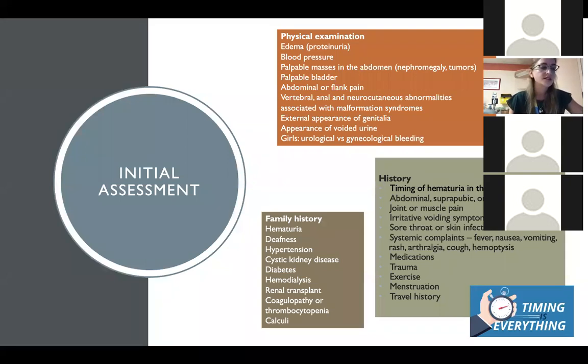So the initial assessment for the child with hematuria, regardless of the consulting service, needs a thorough physical exam and a well-detailed family and patient history. In the physical exam, it's important to look for signs suggestive of glomerular disease, such as edema, indicating maybe the presence of proteinuria indirectly, and hypertension.